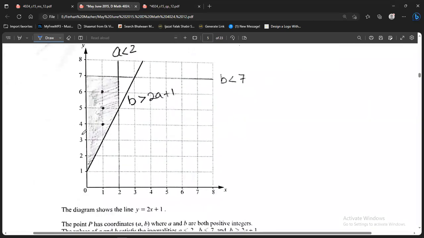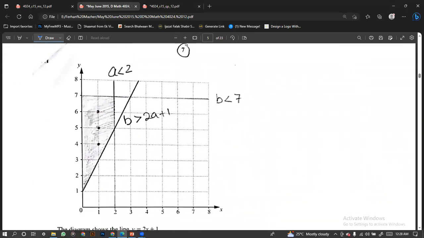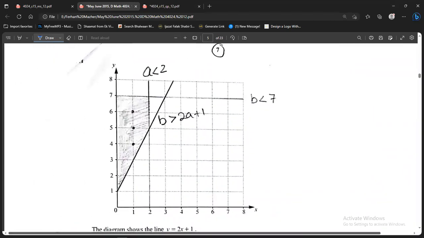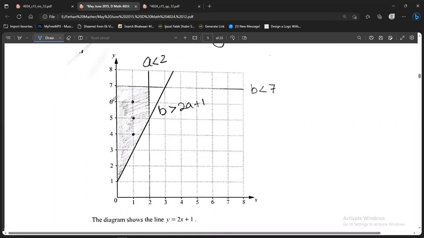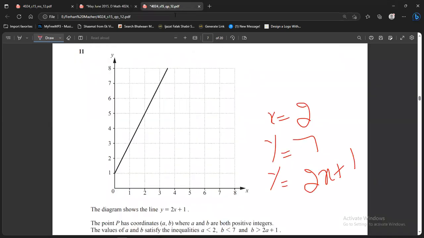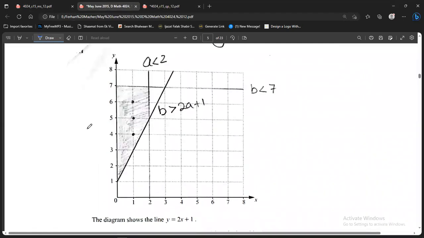So here you can see I have drawn this line. This is x equals 2. I have drawn this line, y equals 7. And this line was already drawn there.